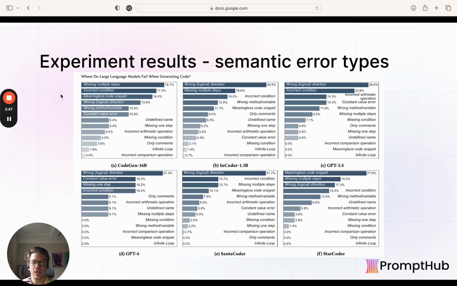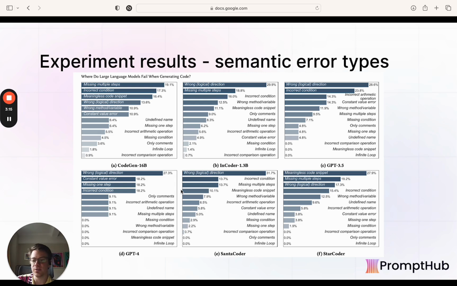And so here are the results. We can see that all the LLMs share a lot of overlap. Incorrect condition is pretty high up on most of the models here. Smaller models like InCoder and CodeGen were more likely to generate meaningless code than some of the larger models.